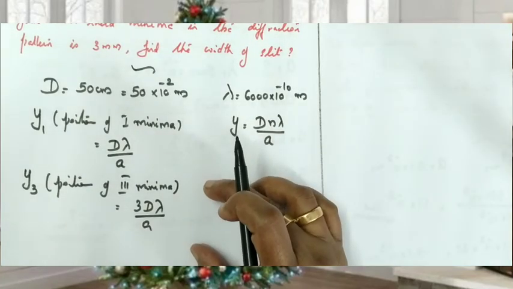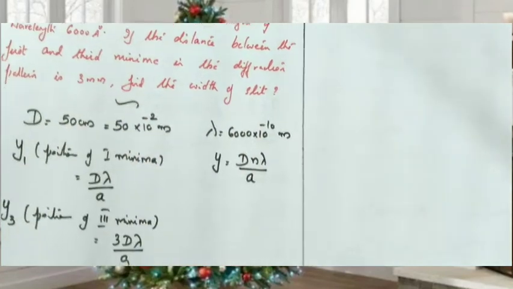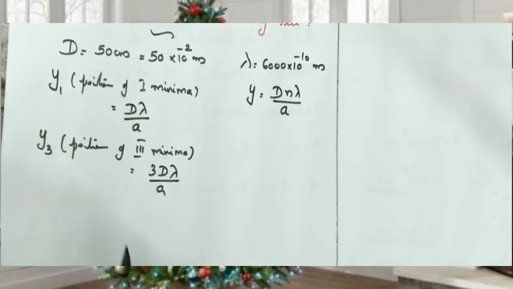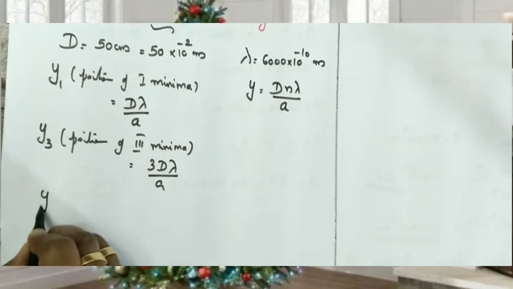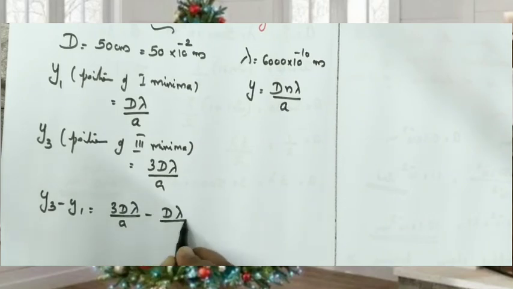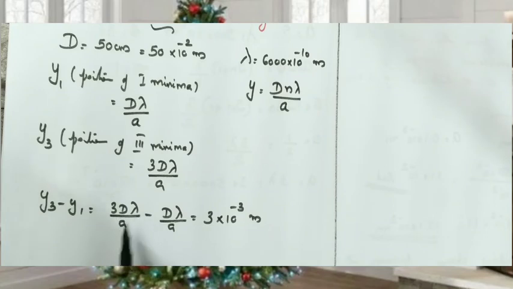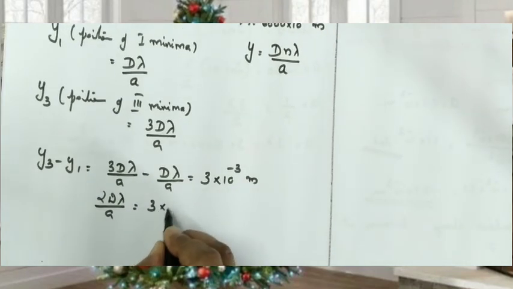Here the question says the distance between the first and the third minima is 3 millimeter. That means y3 minus y1 is 3 millimeter. So y3 minus y1, that is 3D lambda by a minus D lambda by a, is given as 3 millimeter in the question. 3D lambda by a minus D lambda by a means 2D lambda by a, which is equal to 3 into 10 raised to minus 3.